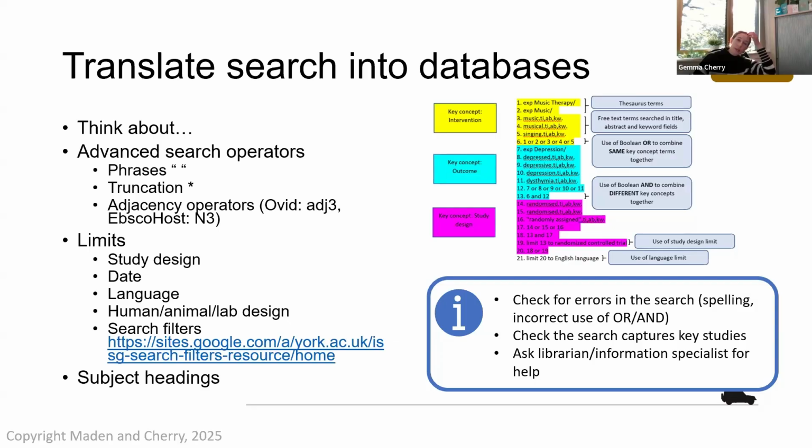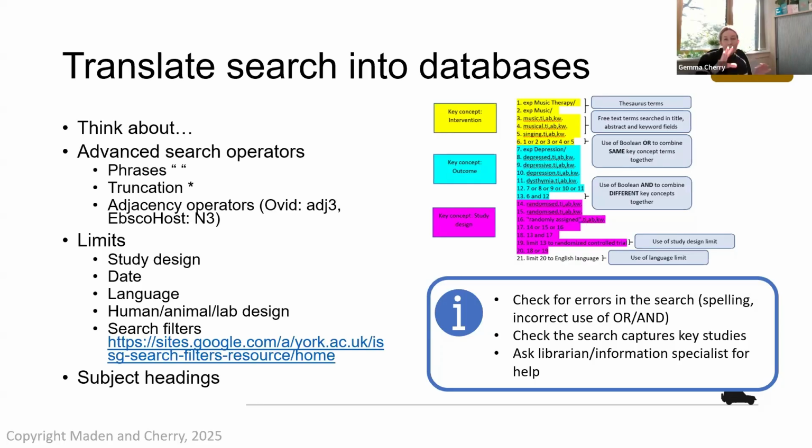So what you want to do is make sure that your search is generic enough to translate across your databases, but also, if you want to make it a bit fancier and a little bit more specific, you can use terms that are specific to certain databases to narrow it down further. For example, if you're searching in an Ovid database, Ovid hosts things like Medline or PsycInfo, then you can use adjacency operators.